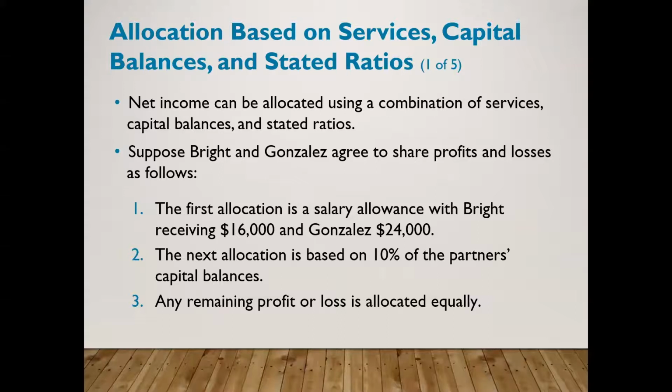A partnership might want to use this method if one partner contributes more capital, but the other partner devotes more time to the business by managing the day-to-day operations or handling the accounting. One way to reward a partner who provides services to the partnership is by offering a salary allowance called a guaranteed payment, in addition to an allocation based on capital.